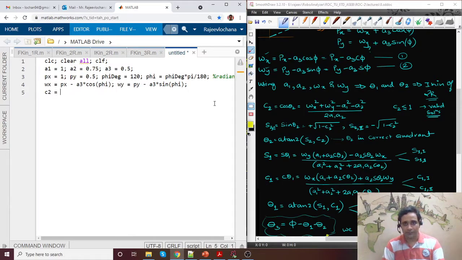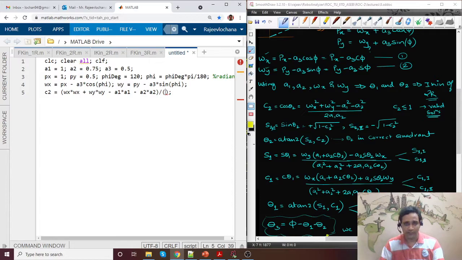The c2 term is mentioned here. So let me write wx. Again, this is a word of caution: please have brackets for numerator and denominator. If you do not have brackets, there could be potential issues. I prefer writing like this: wx square plus wy square minus a1 into a1 minus a2 into a2.